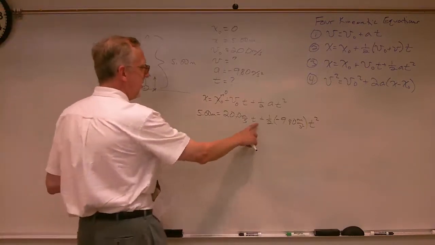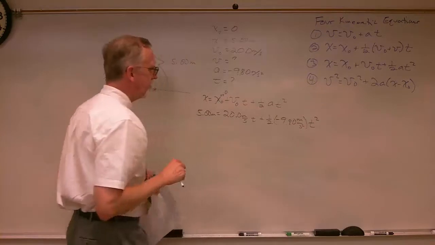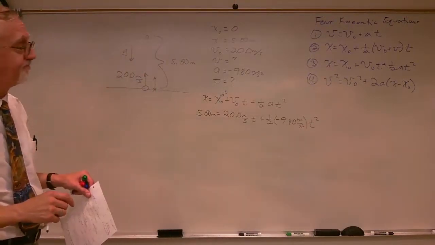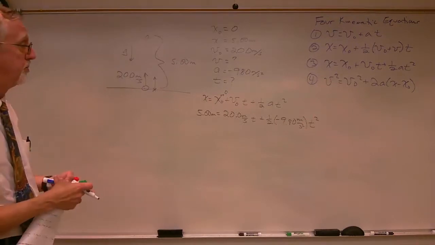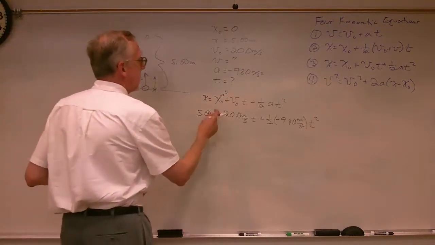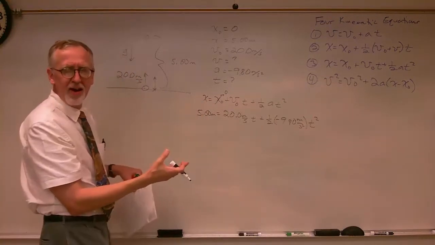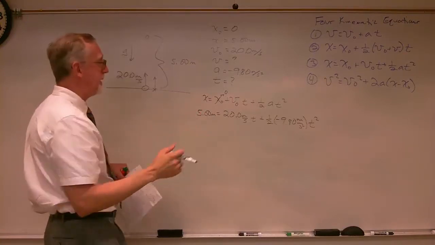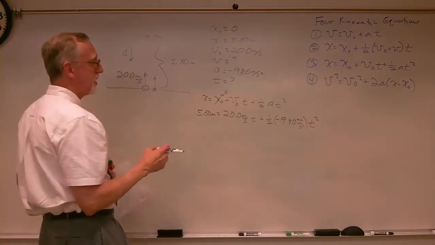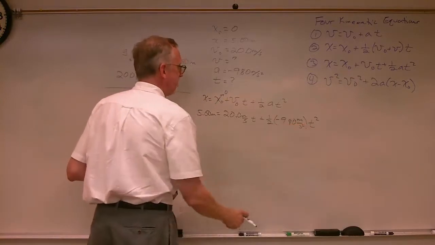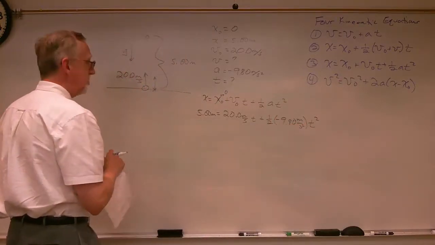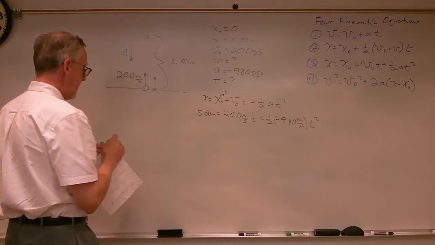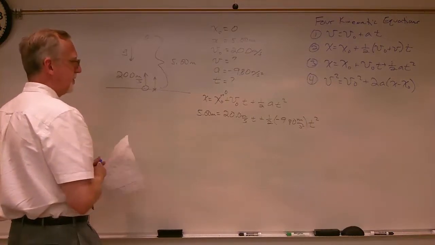Well, we've got a t here and a t squared over there. It looks like a quadratic equation. So let's put this in standard quadratic equation form, which is typically, usually we write a quadratic equation ax squared plus bx plus c equals 0. In other words, we want the squared term positive. We've got a negative sign, so I'm just going to bring everything over to the left side.